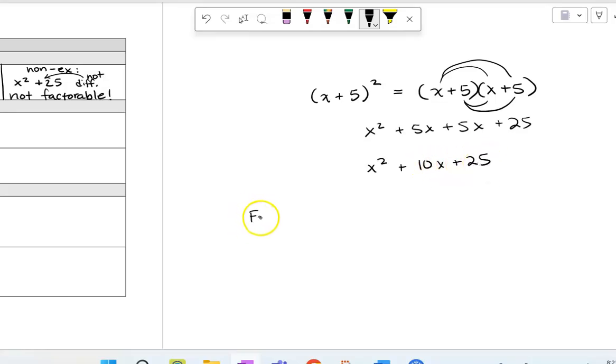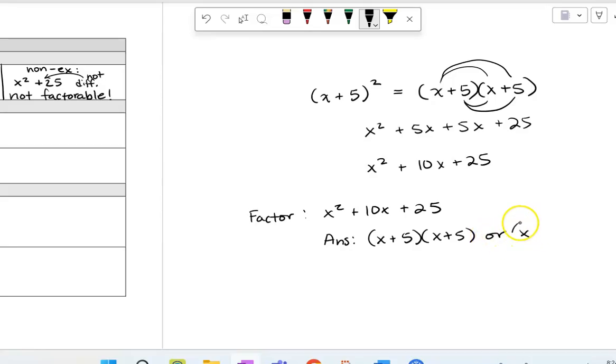If I told you to factor x squared plus 10x plus 25, the answer would be x plus 5 times x plus 5, or x plus 5 squared. So that is a perfect square trinomial, and we're going to see how we can tell a pattern from our problem to be able to immediately put it into a perfect square pattern.